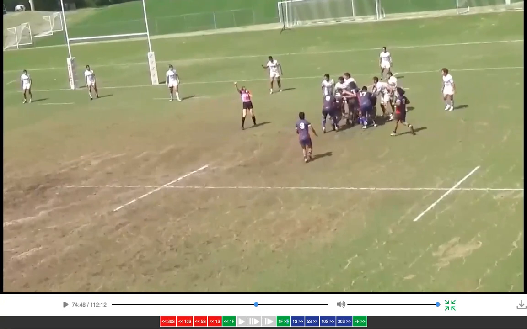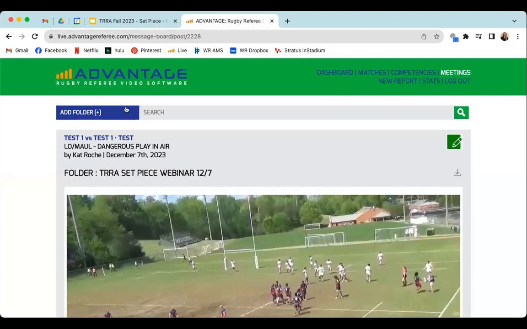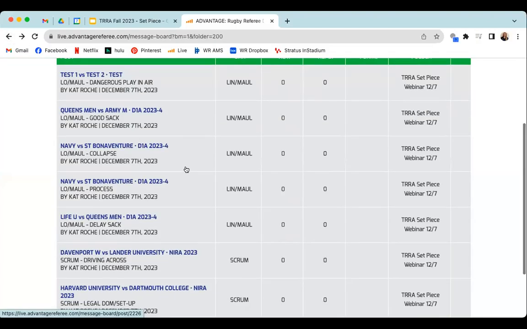Trust me, I was on the field. Excellent. So that's what I talk about as a process, because if you're already trying to look at how the attack is setting up, you're going to miss your line out checklist that somebody's getting taken out in the air. Cool. All right.